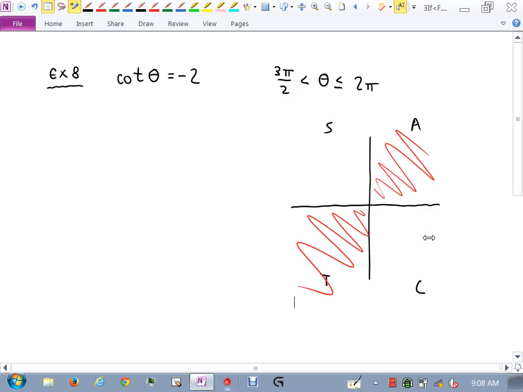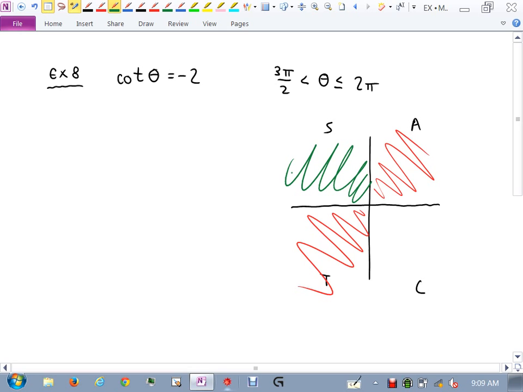Right, so that would have told us quadrant 4 to begin with. Oops. I didn't mean for it to narrow it down. I don't know. I didn't want it to narrow it down to one quadrant because then you don't need this at all, do you? Oh well, it is what it is. We've got to be from 3 pi over 2 to 2 pi.